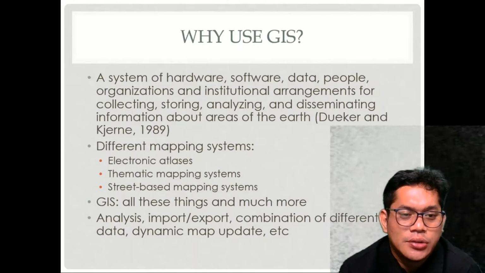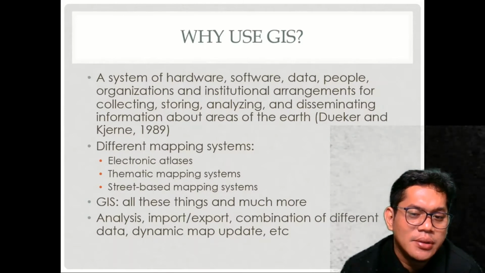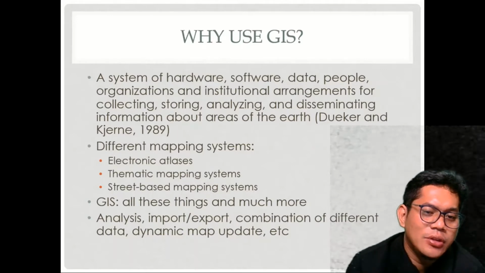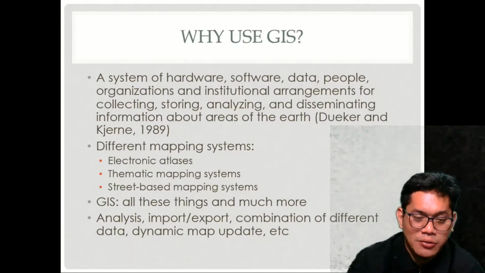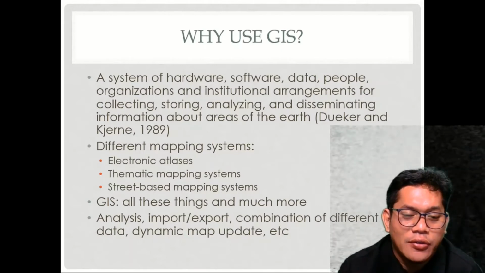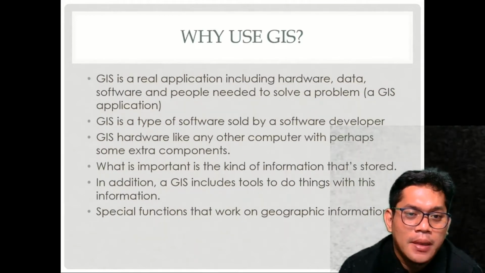We have different mapping systems in the world now, which could be electronic atlases, thematic mapping systems, and street-based systems. In order to analyze, to import, to export, the combination of different data is important. That's why we use GIS, and of course to have map updates from time to time.